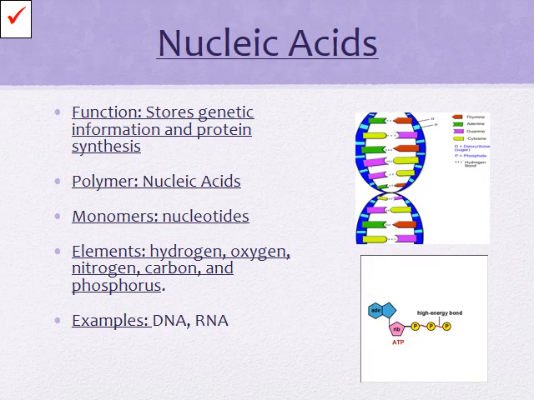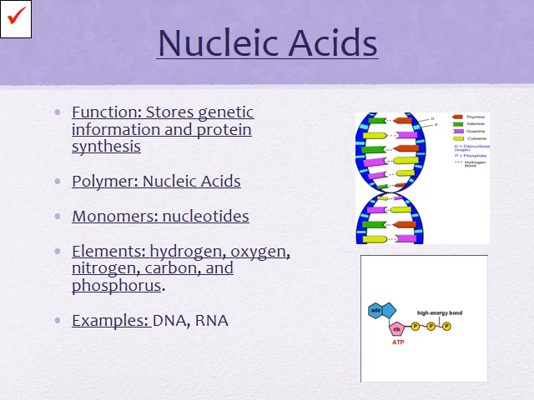Up next, we're going to be discussing nucleic acids. Nucleic acids store genetic information and are responsible for protein synthesis, or creating proteins. The polymers in this case are the nucleic acids themselves, whereas the monomers are called nucleotides. Nucleotides are small bits that build up to create your nucleic acids.